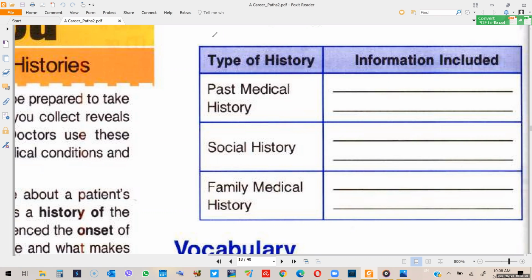Now, for past medical history, the information included is previous medical problems. So we have to include any previous medical problems.